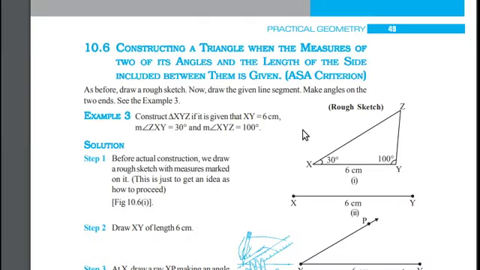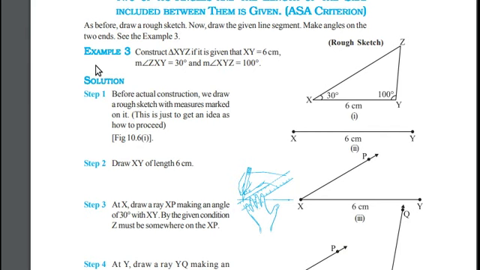Coming to the third condition, angle, side, angle. Constructing a triangle when the measures of two of its angles and the length of the side included between them is given. In this case, a line segment will be given and the measures of two angles will be given on this side. Let us see example 3.